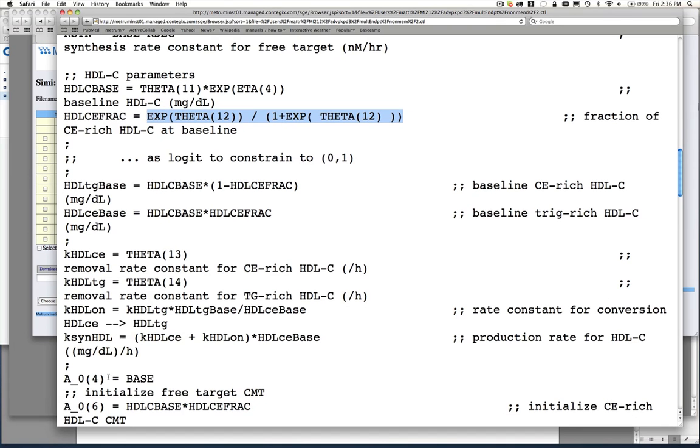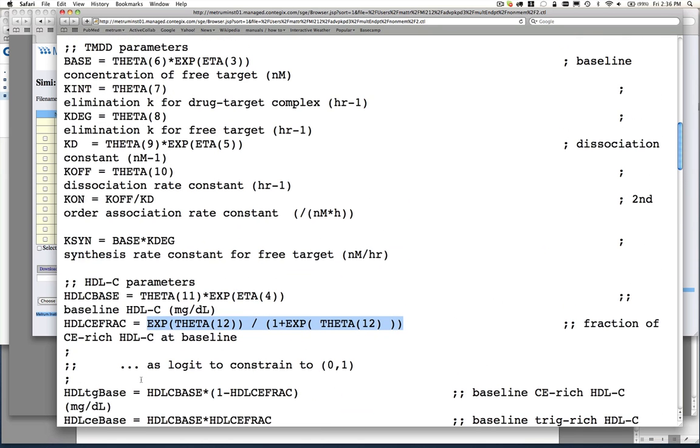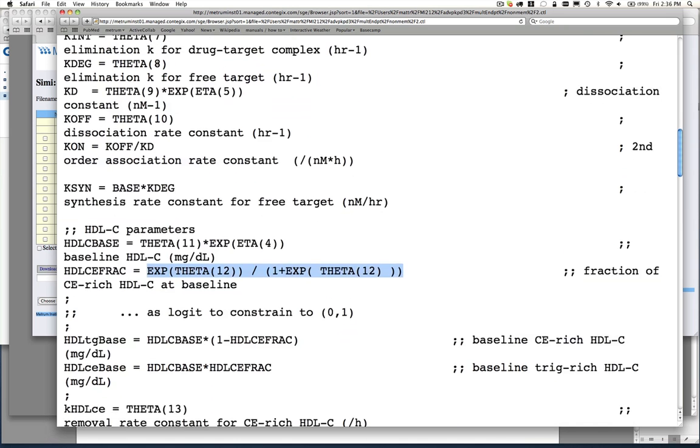And then 4 is the amount of free CETP, and the initial value for that is base, which again from the target-mediated stuff is defined up here as theta 6.